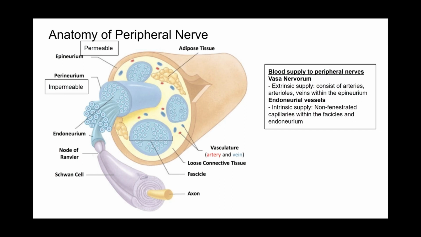They form the extrinsic supply outside of the perineurium, but within the epineurium, and they consist of arteries, arterioles, and veins. Whereas inside the fascicular bundles, there are endoneurial vessels that are in charge of intrinsic blood supply to the individual axons.